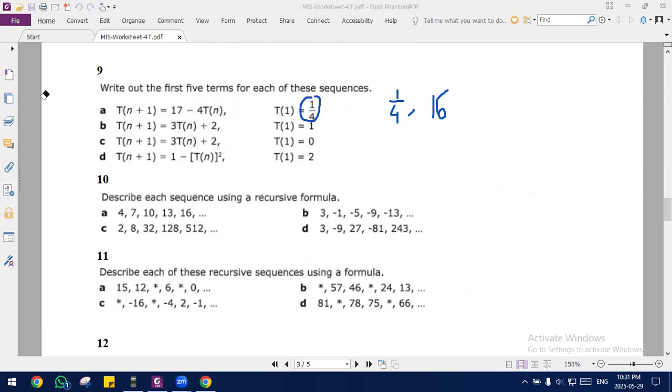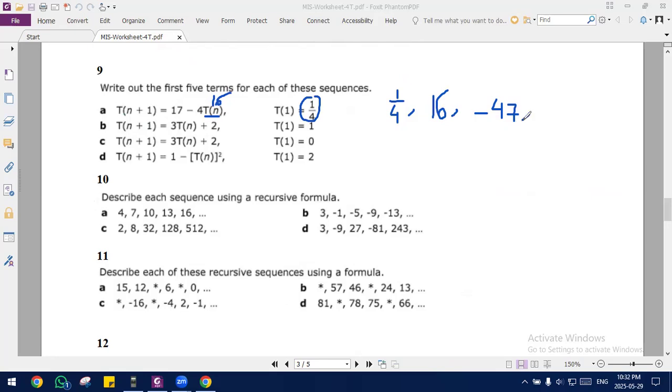Now to get the third term, instead of Tn, we put 16. Now 16 times 4 is 64. Now 17 minus 64 will be minus 47. 1, 2, 3.